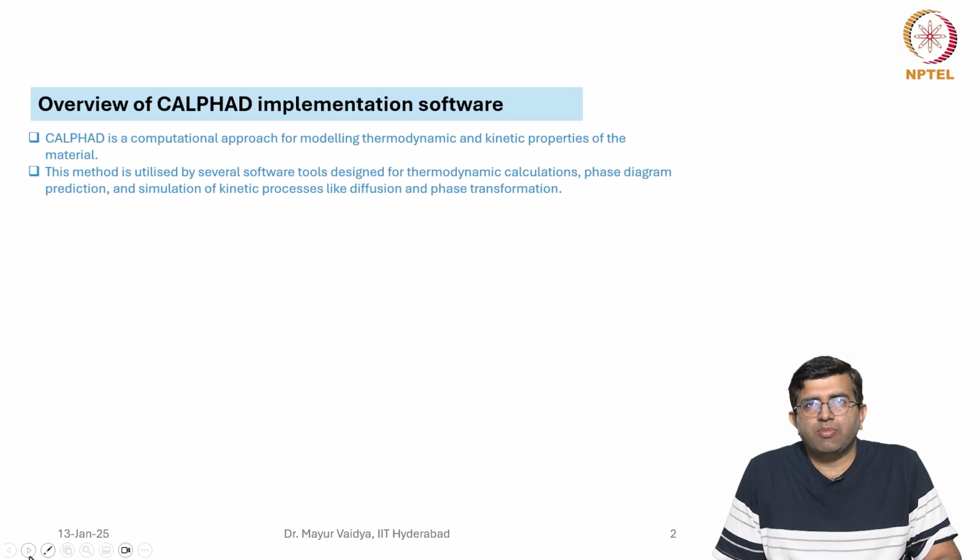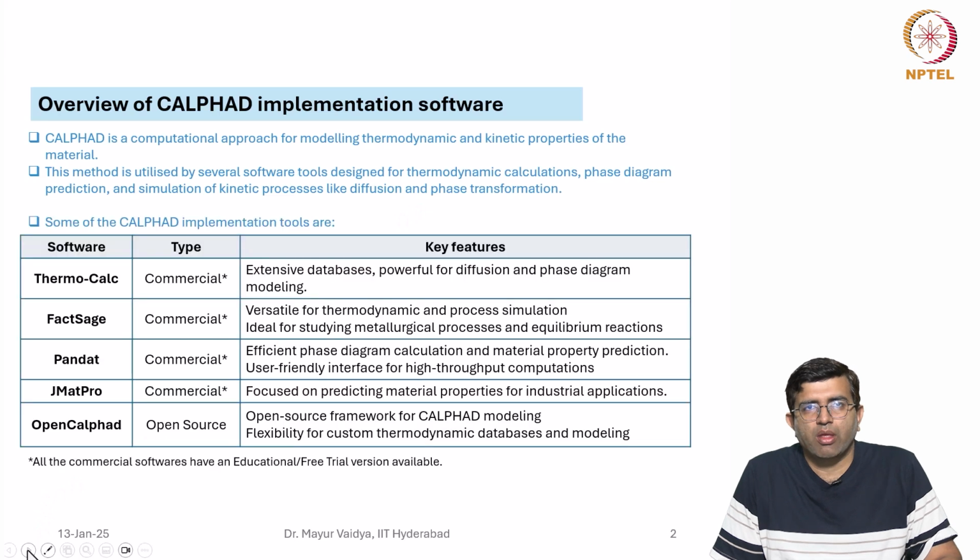So the CALPHAD implementation software. CALPHAD, as I already told, is a computational approach for modeling thermodynamic and kinetic properties of materials, and this is utilized by not just one software but several software tools designed for thermodynamic calculations, phase diagram prediction, and simulation of kinetic processes, diffusion, and phase transformation.